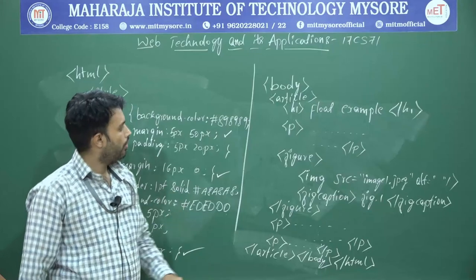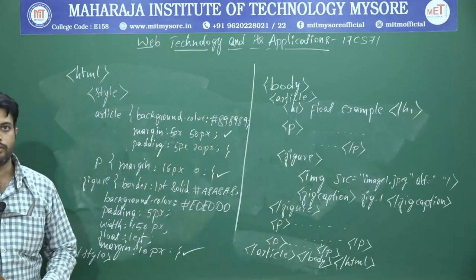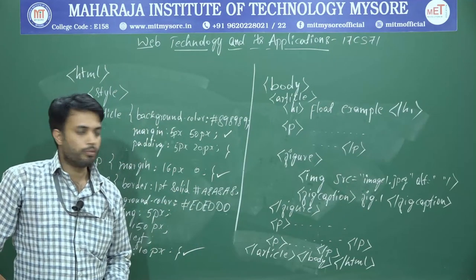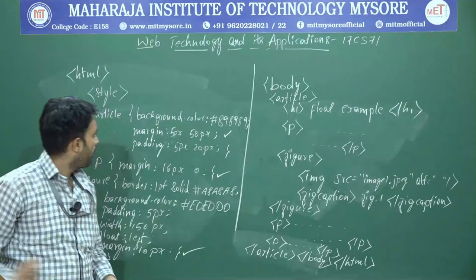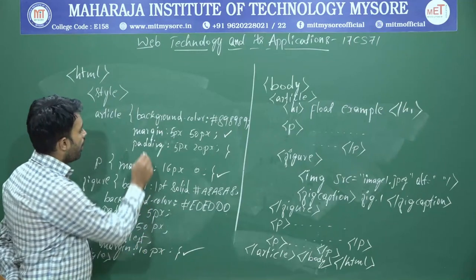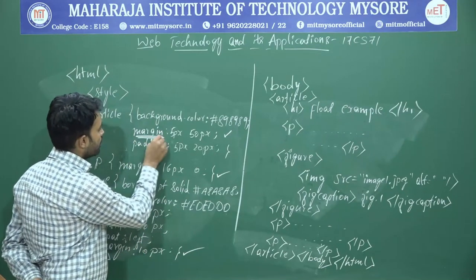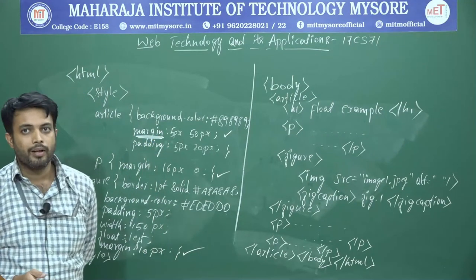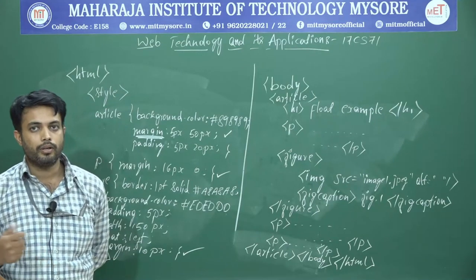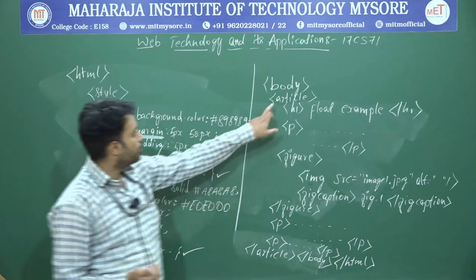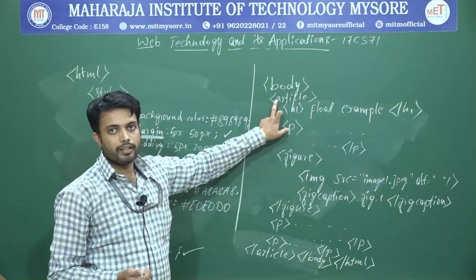Now if I run this program, you can notice the output. You can observe that the article margin is the margin between the article content and the body. So this is between body and article.